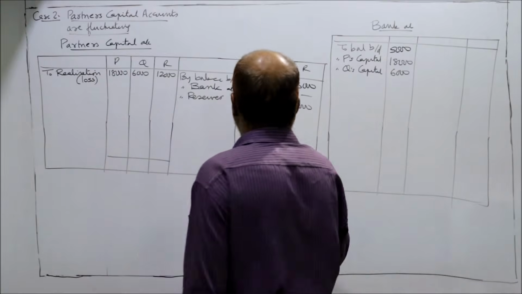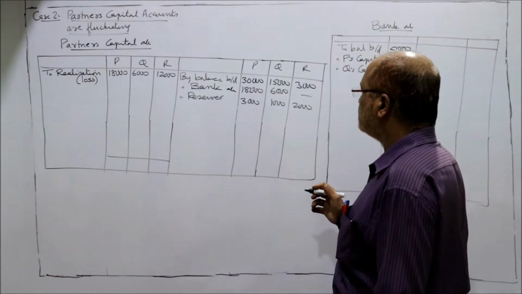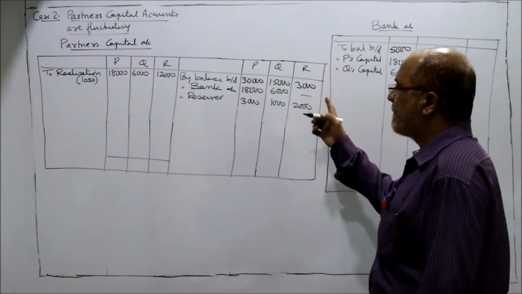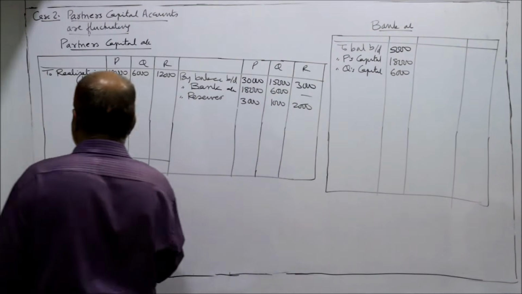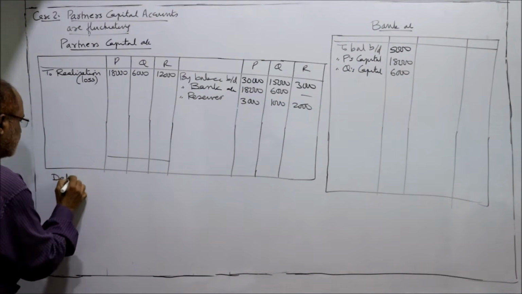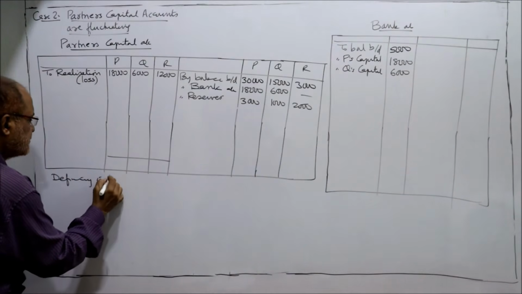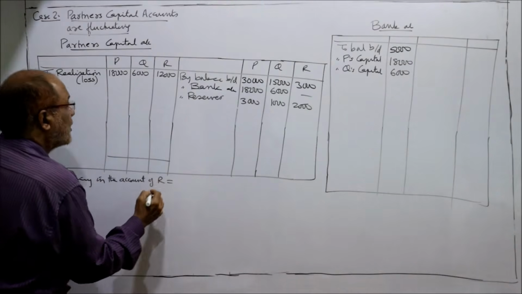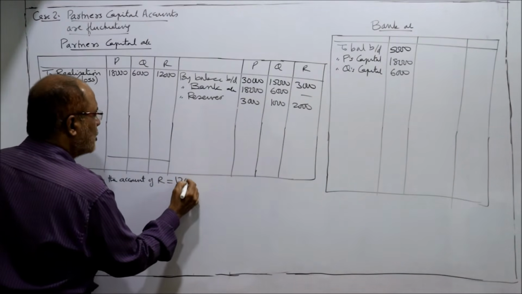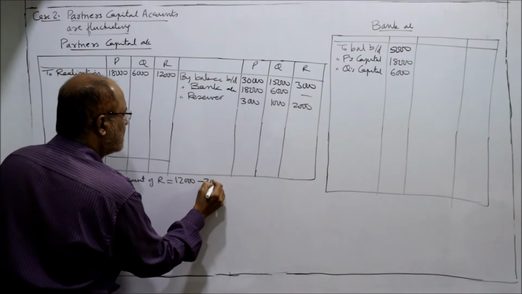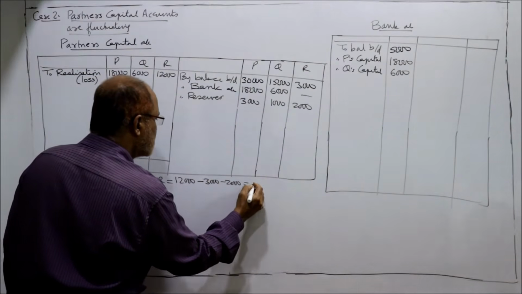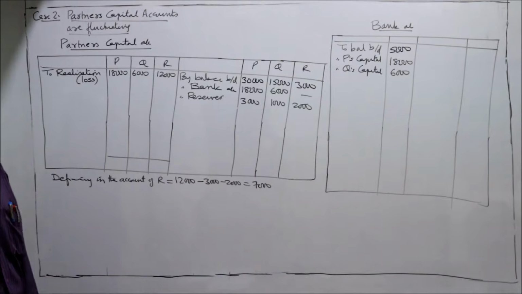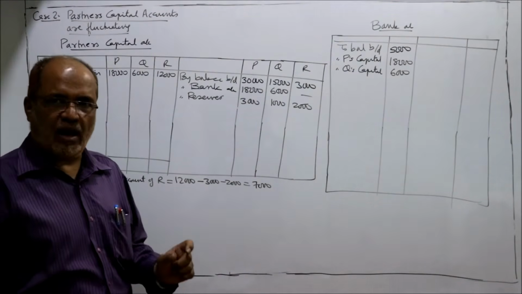Deficiency in the account of R is equal to 12,000 minus 3,000 minus 2,000, which is 7,000. 7,000 rupees is the deficiency in the account of R.